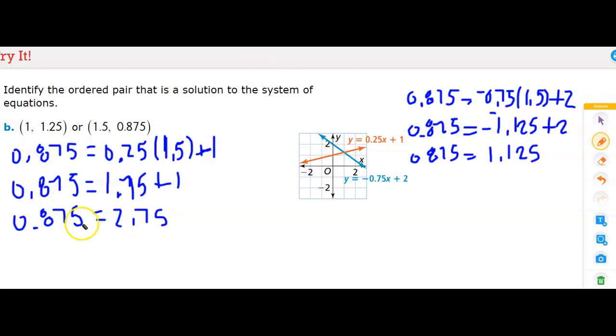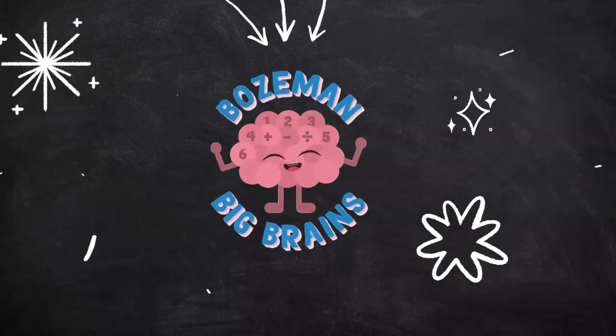Those do not both satisfy our solution. So the second ordered pair would not work, and the first one would be the solution to the system of equations.